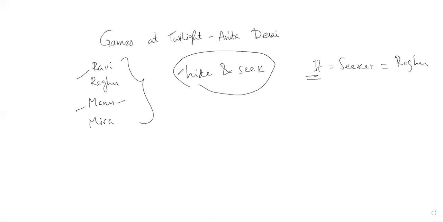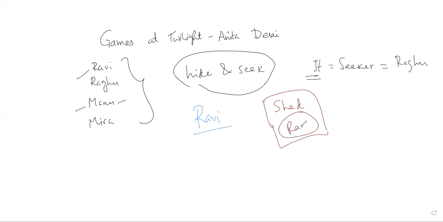We see that in this hide and seek, Ravi plays a very important part. Ravi decides to stay in a shed. At the beginning, Ravi doesn't see anything. He is very frightened in the shed.